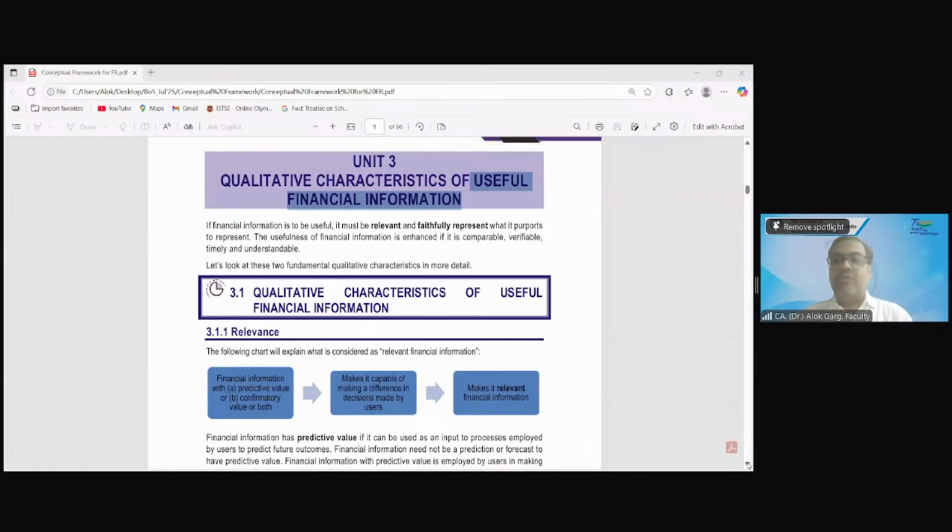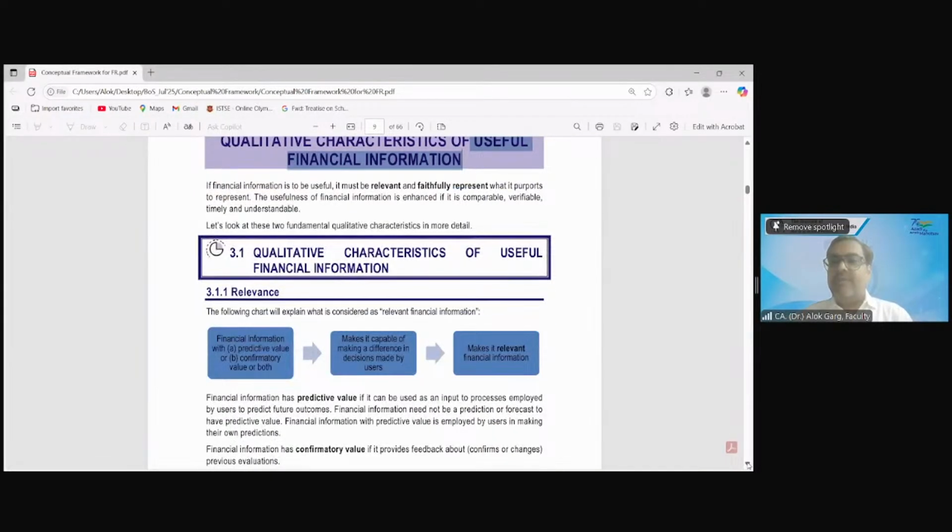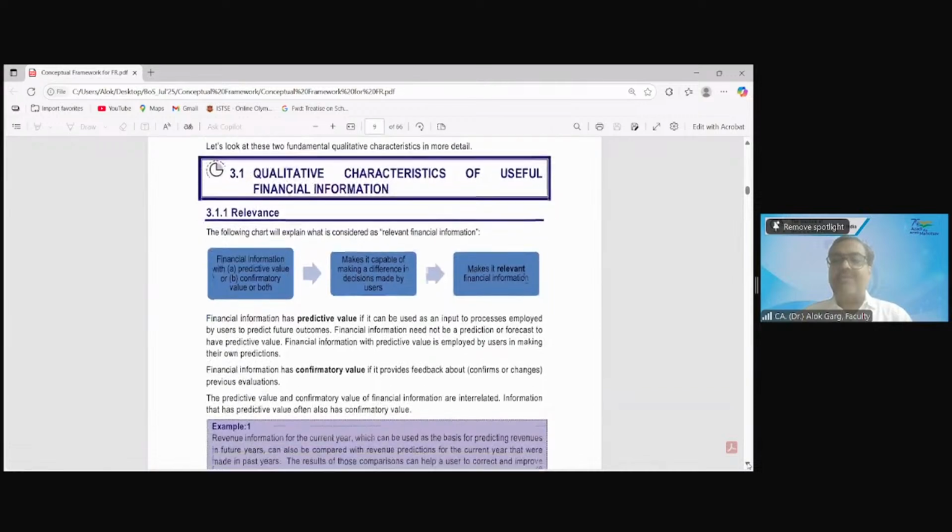So we will talk about these qualitative characteristics in two parts. Number one, first we are talking about fundamental characteristics. Please write down fundamental characteristics. There are two fundamental characteristics: number one, relevance, and number two, faithful representation.